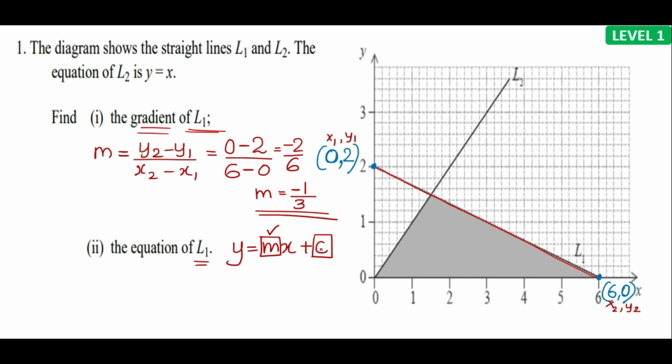The next part, c, is where the line L1 meets the y-axis. So you have the c here, this is the y-intercept. So c is equal to 2. So you can write y equals negative 1 over 3x plus 2. Moving on to the next question.